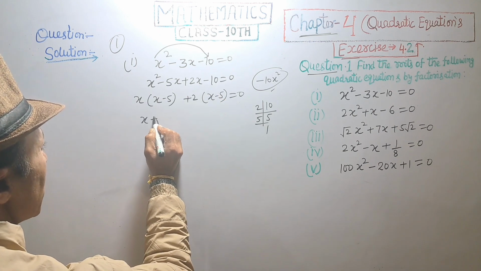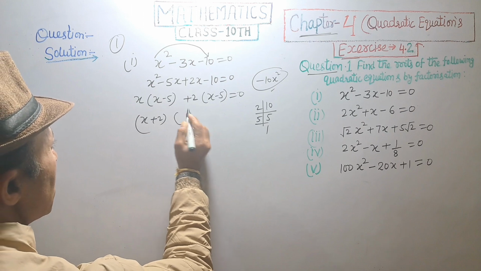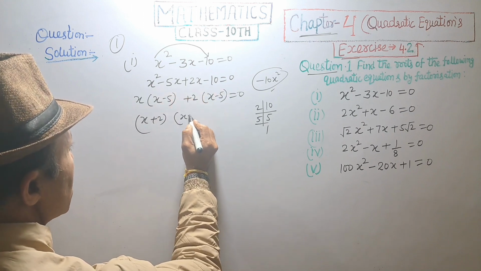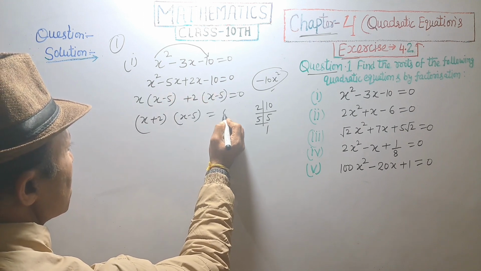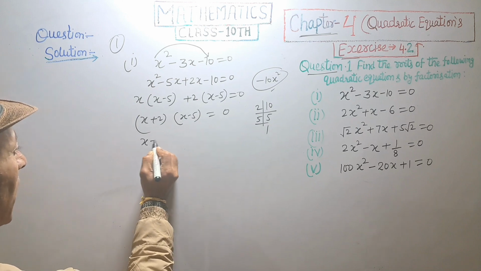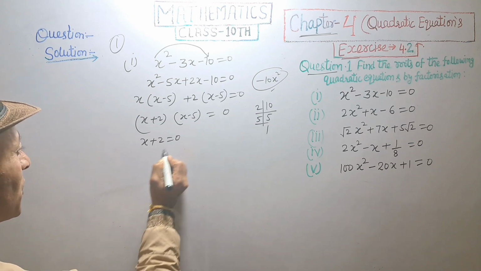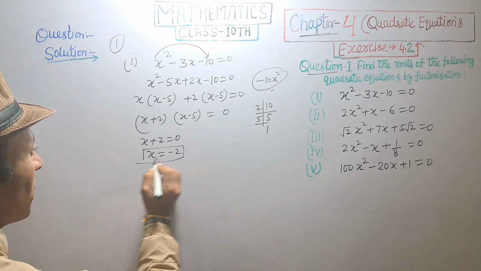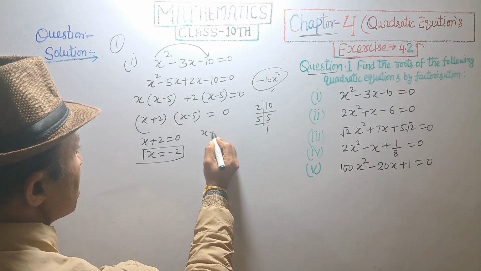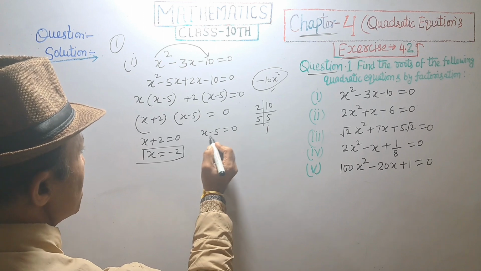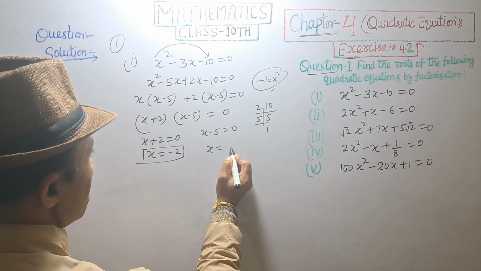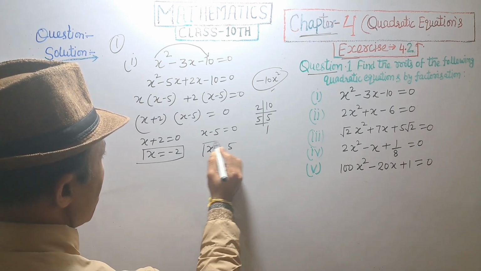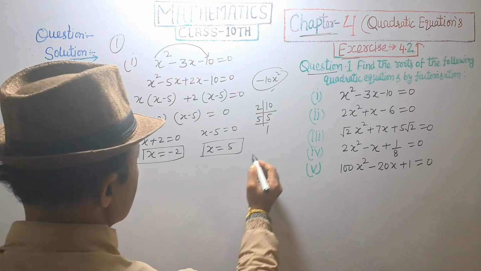So 1 time x plus 2 and x minus 5 is equal to 0. x plus 2 is equal to 0, x equal to minus 2. x minus 5 is equal to 0, x is equal to positive 5. Answer.